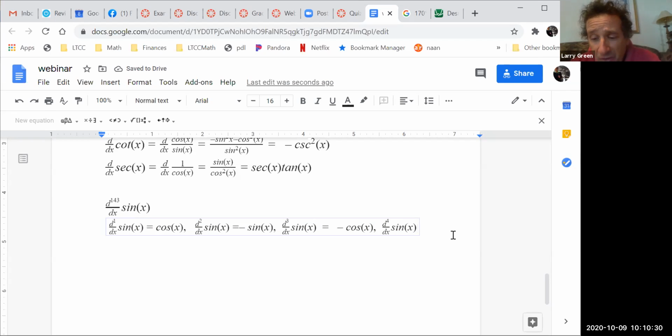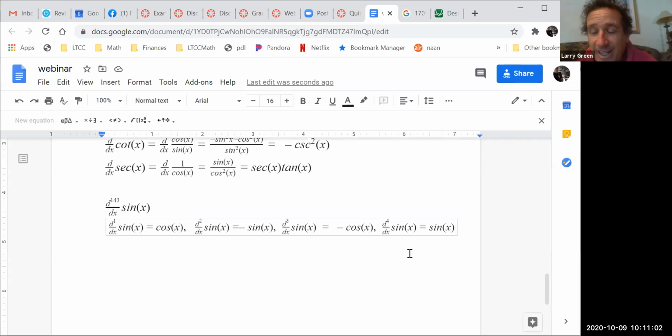Yeah, the fourth derivative of the sine of x is the sine of x, and that's important because we're back. What's the eighth derivative of the sine of x? Sine of x. Okay, what is the 4,000th derivative of the sine of x? Sine of x. Every time you do 4 derivatives, you're back where you started.